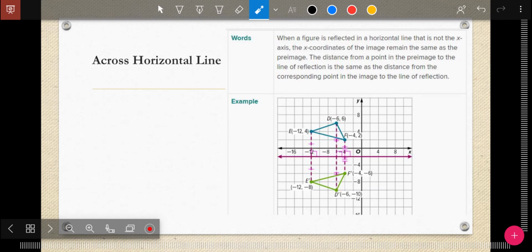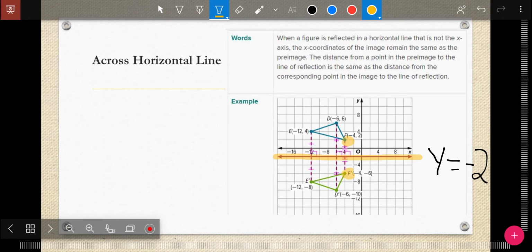Now across a horizontal line, so this is the random horizontal line that they want us to reflect across. That line would be y equals, and again, they're counting by twos, so it's -2. Anytime it's a y equals, it's a horizontal line. If I look at F here, F becomes F image.